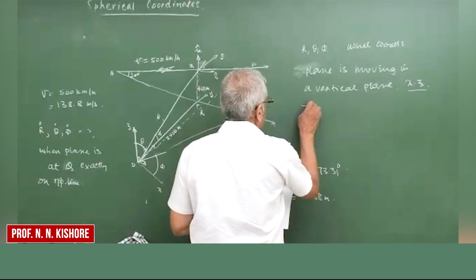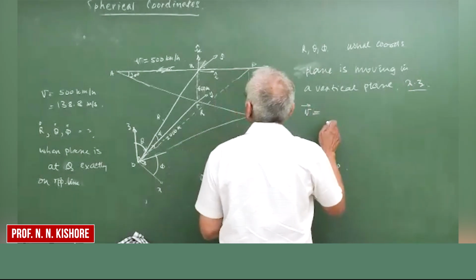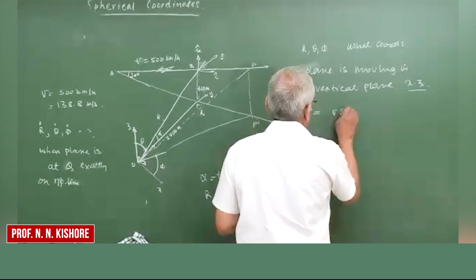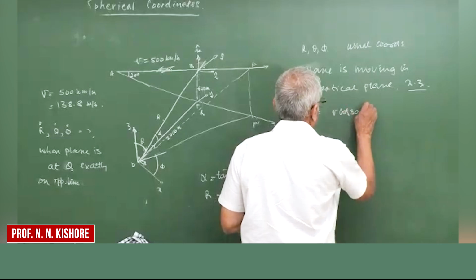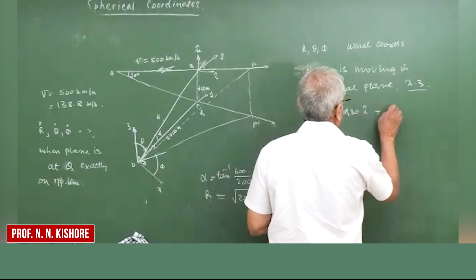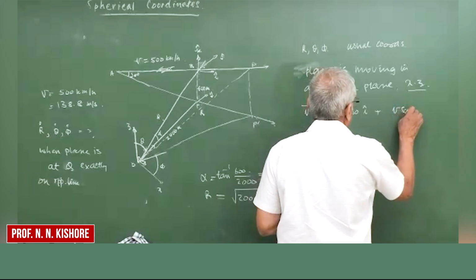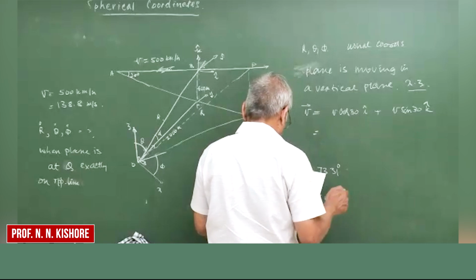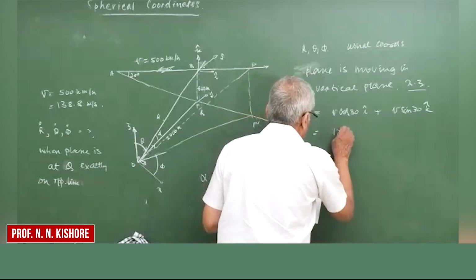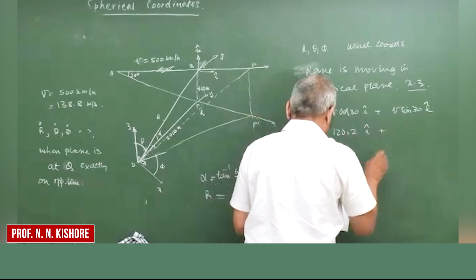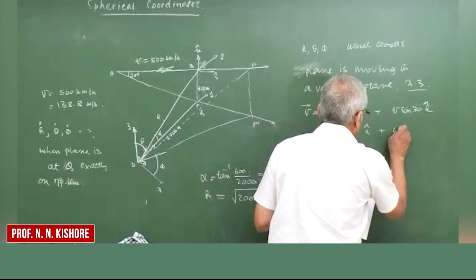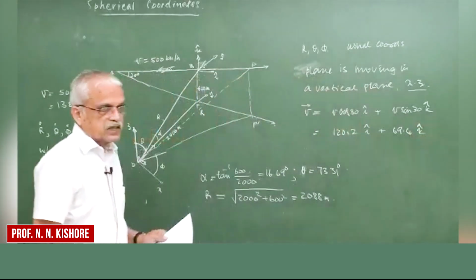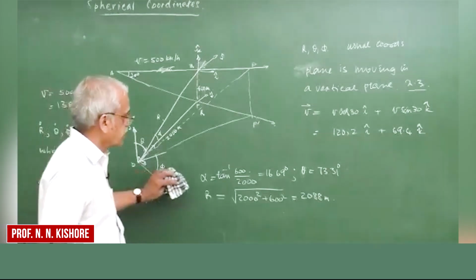And so velocity can be written as v cos 30 in the i direction and v sin 30 in the k direction. So this can be put as 120.2 i. So you got it in terms of i and j coordinates.